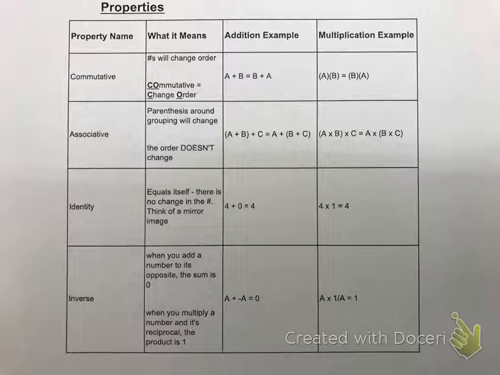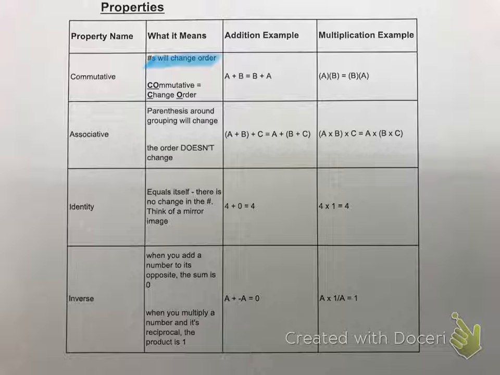But what I really want to point out is some of the keywords in the what it means column. So for the commutative property, that means that the numbers are changing, they're going to change the order. So the only way that this will work is if it's either addition or multiplication, and we have some examples here off to the side.